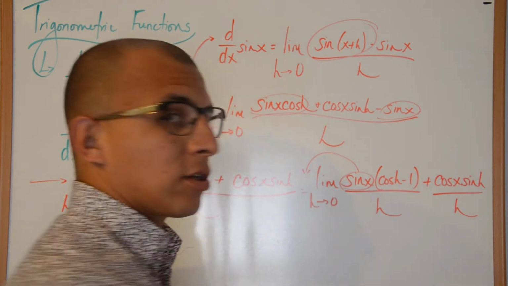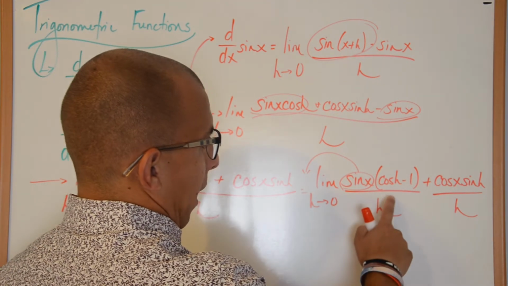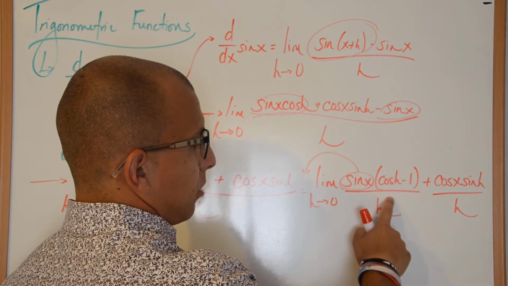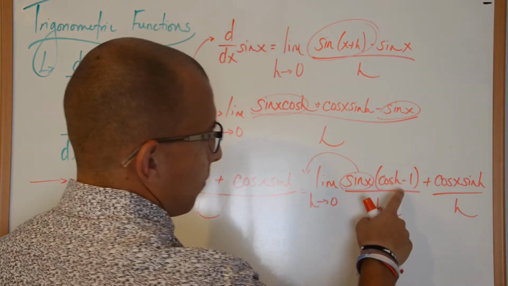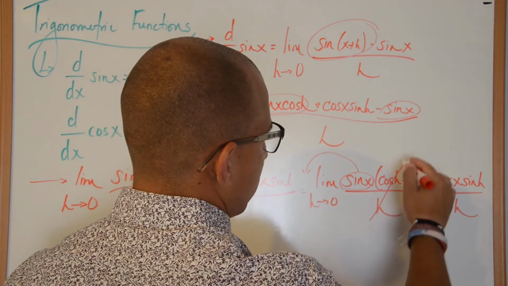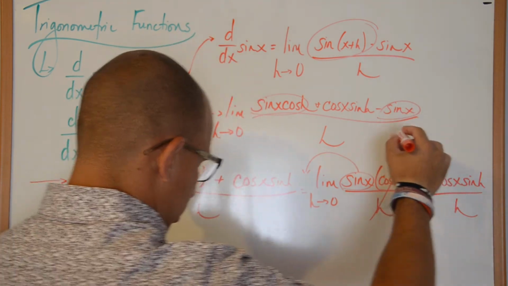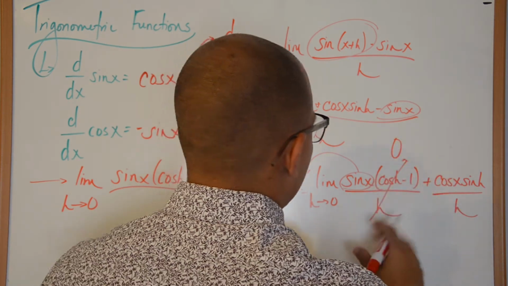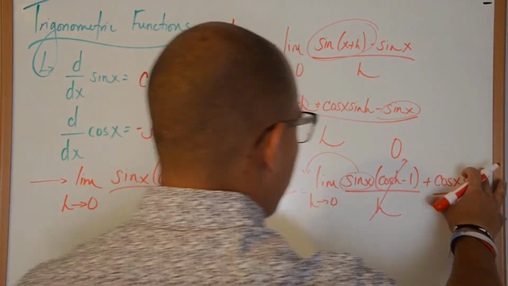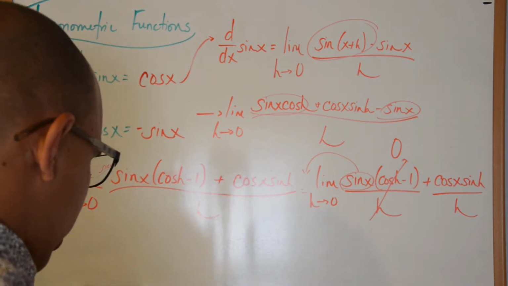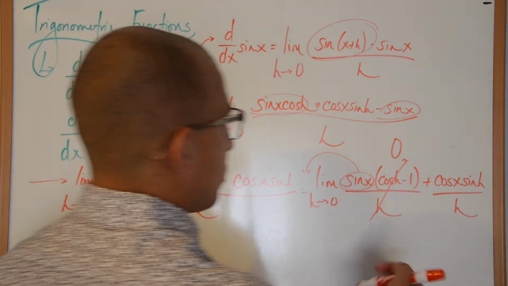Right? So it's almost like scalar multiplication. Back in our exploration on limits, the limit as h approaches 0 of cosine of a variable minus 1 over h tends to 0. So this entire piece here becomes 0, and we're left with this expression, which we can do the same thing.